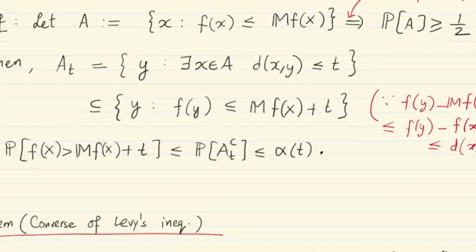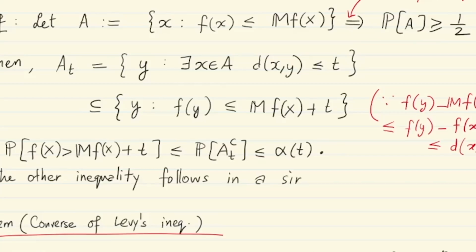So we have the first inequality, and the other inequality follows in a very similar manner, as a symmetric counterpart of this one. So that completes the proof of Levy's inequality.